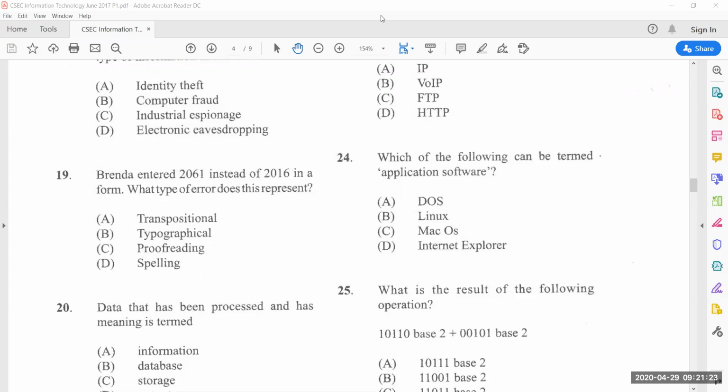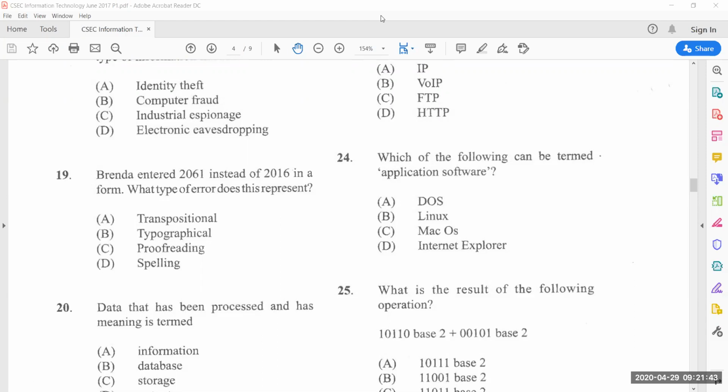Everybody agrees with B. Any other answers? All right, so the answer is A, transpositional.